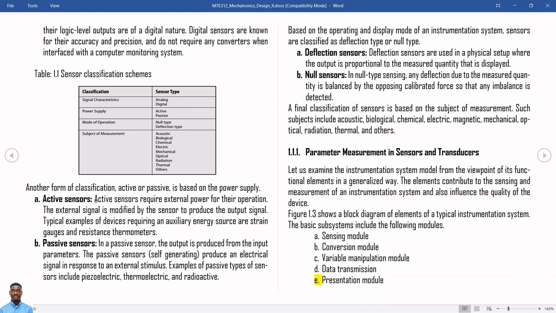For passive sensors, what they do is measure the radiation from the target body. For example, your temperature sensor. Your temperature sensor does not emit any energy into the environment, but it measures the radiation of heat from the body whose temperature it wants to measure. So that is why they are called passive.